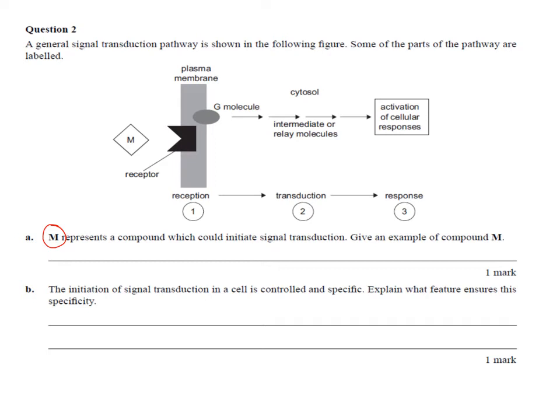Give an example of compound M. Okay, so this could be basically any type of signaling molecule that we know binds with a receptor on the membrane.